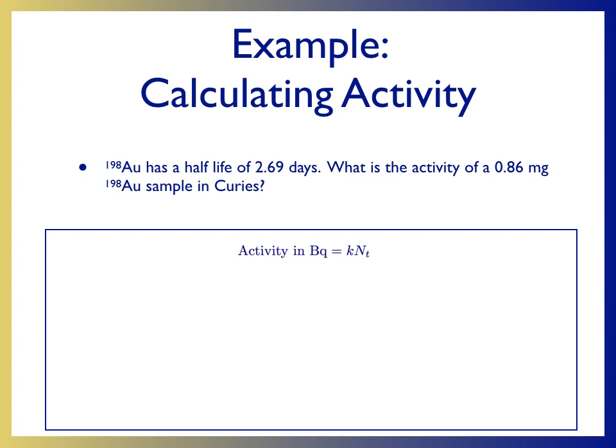Noting that radioactive decay is a first-order process, we can use the half-life equation for a first-order reaction to calculate the rate constant. This half-life equation is that the half-life is equal to the natural log of 2 over k. This means that the rate constant k is equal to the natural log of 2 over the half-life.